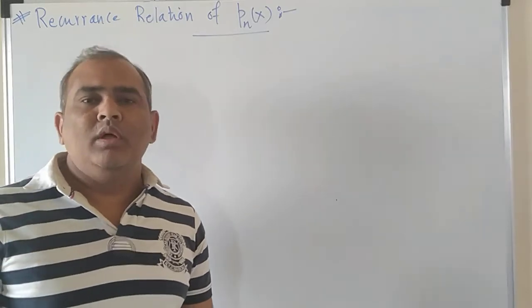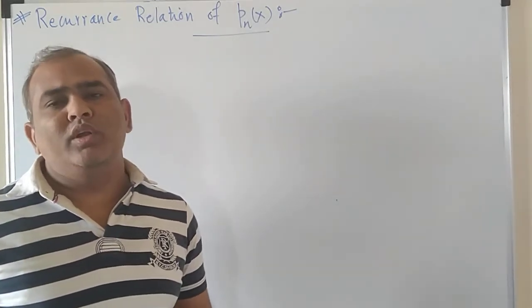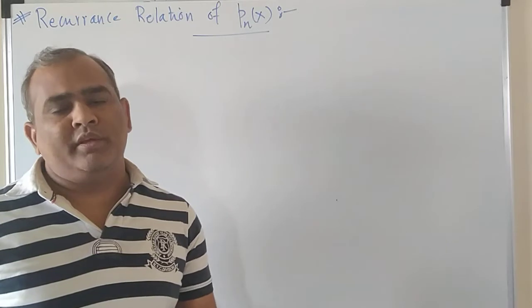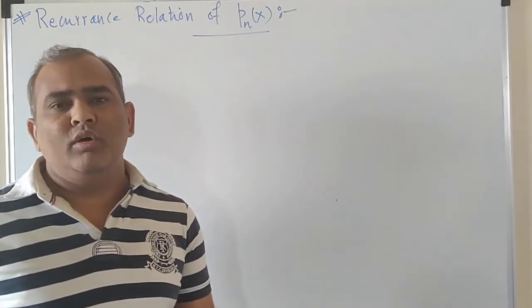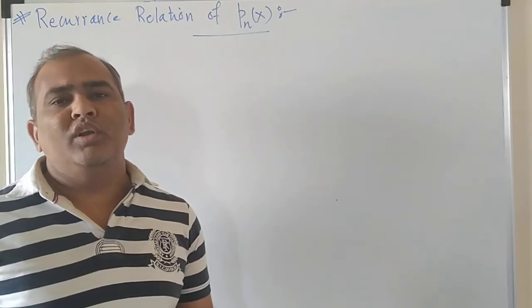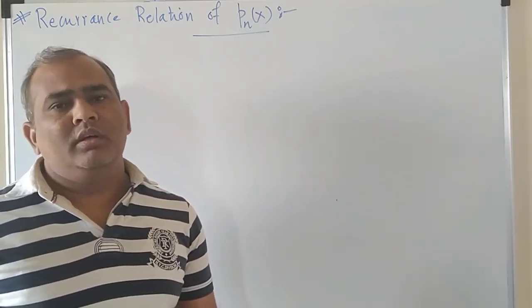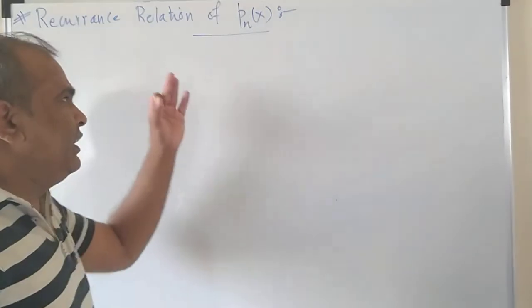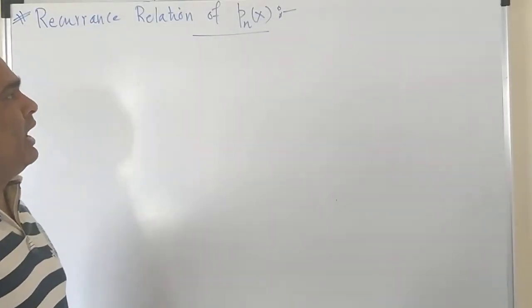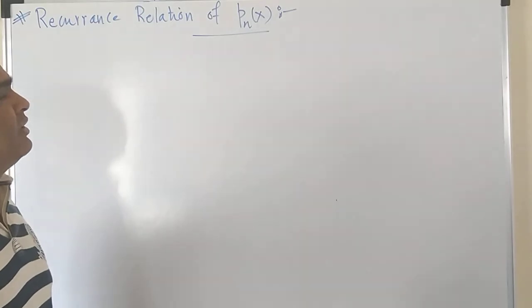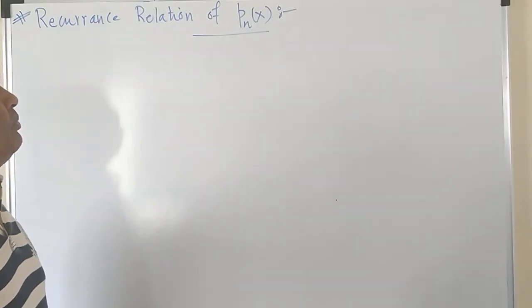That means if you know P0 of x, P1 of x, you can obtain P2 of x. Or if you want to obtain the next polynomial P3 of x, you must know P1 of x and P2 of x. Right? So this is the application of these recurrence relations.